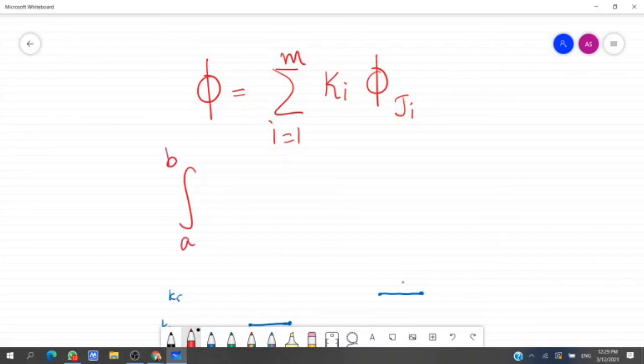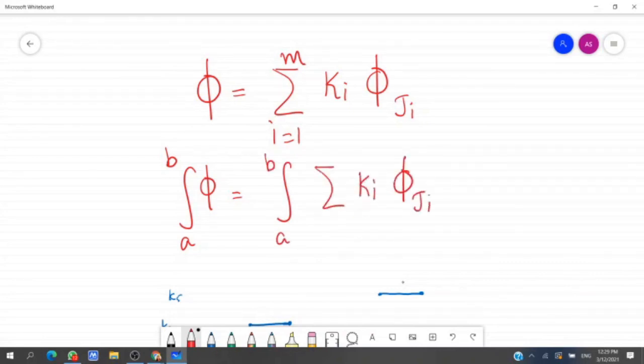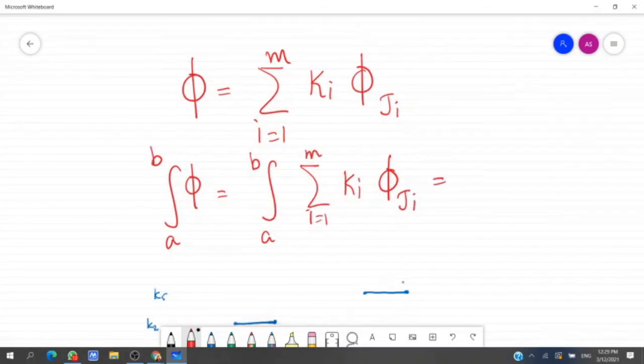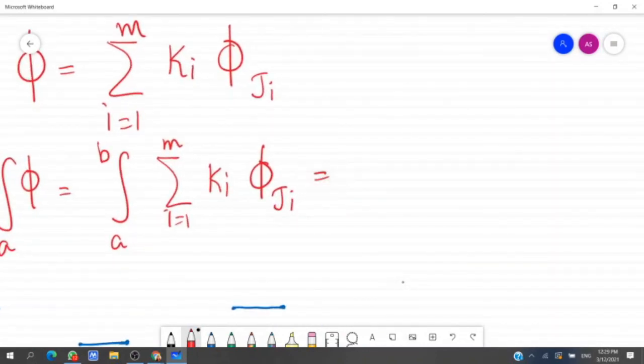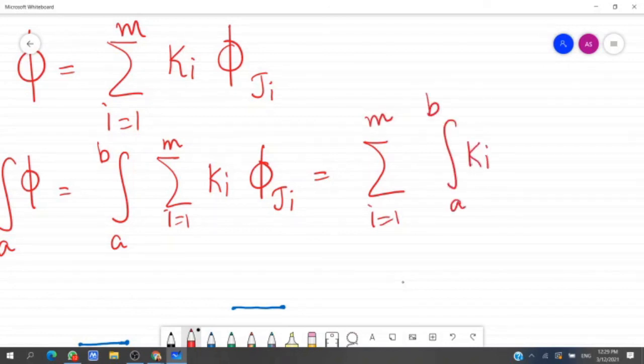The integral from a to b of phi is the integral from a to b of the sum of ki into chi Ji, where i varies from 1 to m. Since the sum of Riemann integrable functions is integrable, and the integral of a sum is the sum of the integrals, I can write the sum from i equal to 1 to m of the integral from a to b of ki into chi Ji.